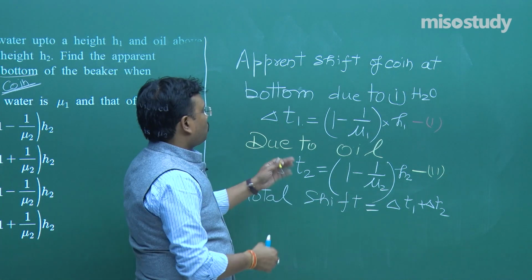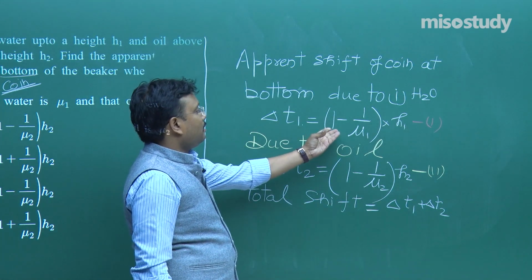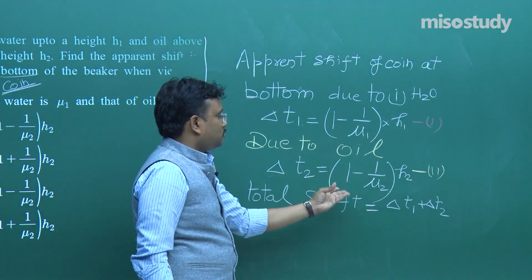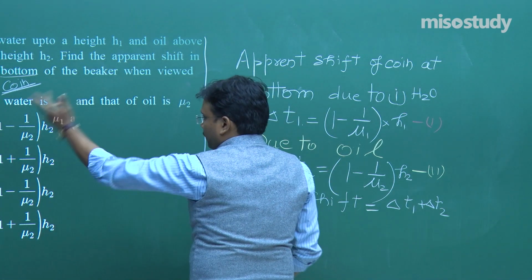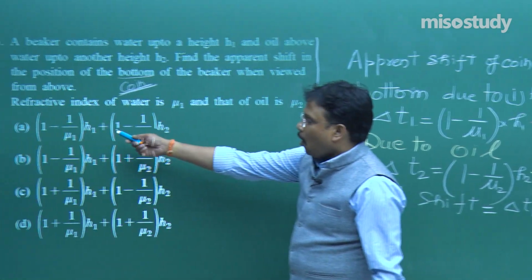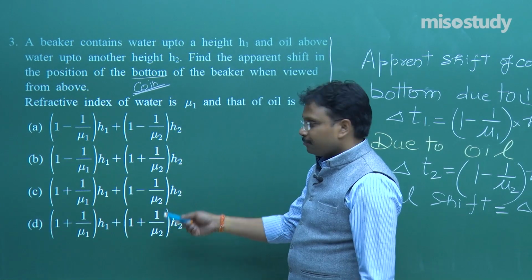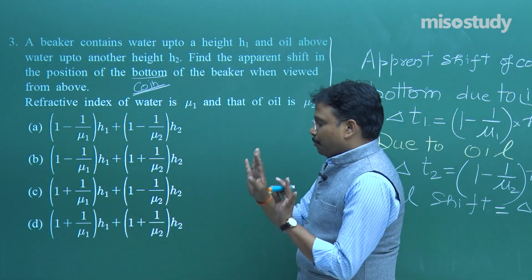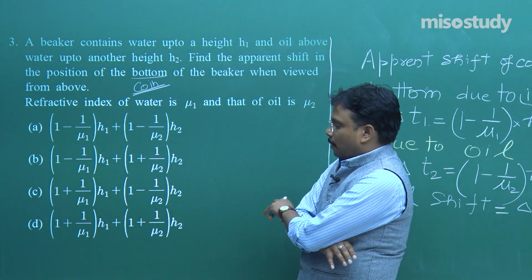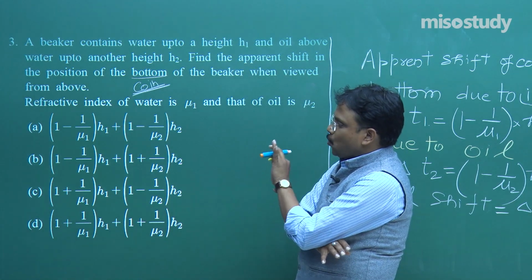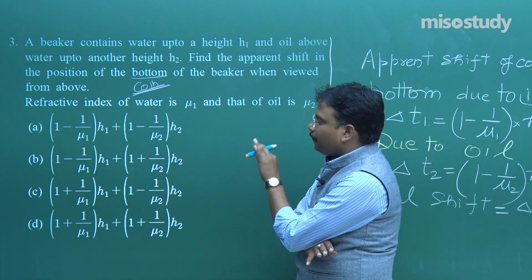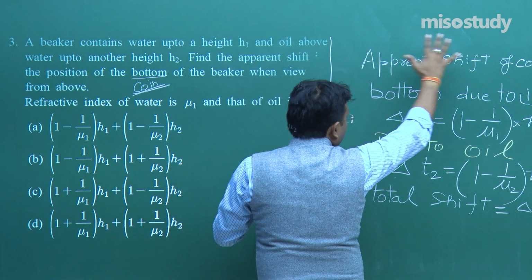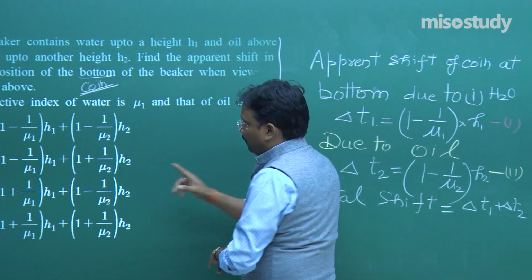I am not going to solve further because the solution is simple, 1 minus 1 upon mu1 into H1 and so on. Let's try to check the options over here. Just this first one is the correct option. Moreover, the beauty of this problem is, if you have the clarity of the concept, you need not solve this problem.